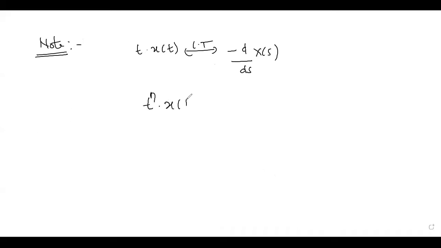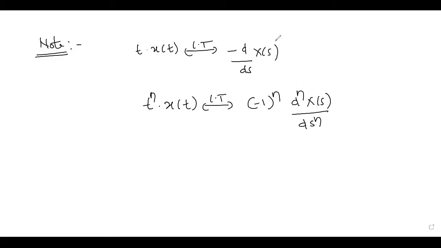Note. So what we got here: t into x of t, its Laplace transform is minus d by ds of X of s. Similarly, in general, t power n into x of t, its Laplace transform is minus 1 whole power n into d power n of X of s by ds power n.